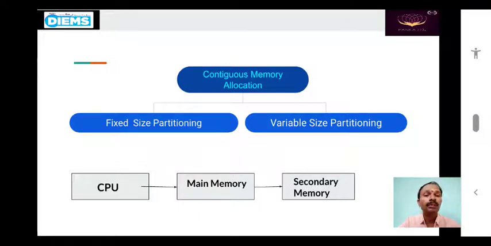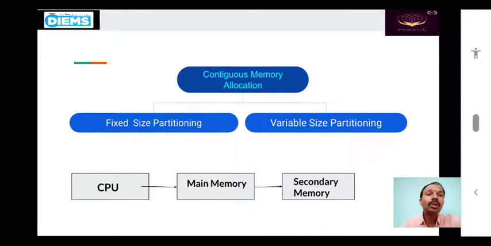But it does not happen with the secondary memory system and the processor directly, and for that purpose the main memory helps us. The required amount of data from the secondary memory system is fetched into the main memory system, and from the main memory system the CPU takes the data, processes it, and makes the contents available in front of the user, maybe on a laptop, a computer, or a mobile phone.